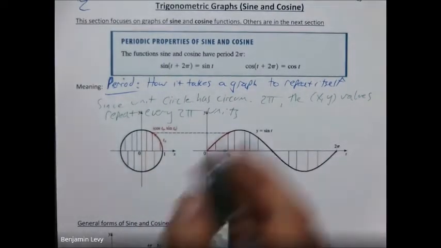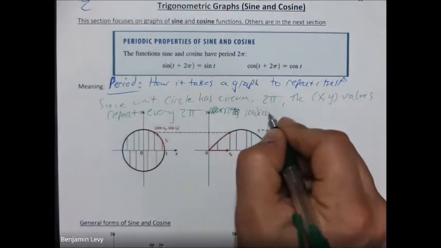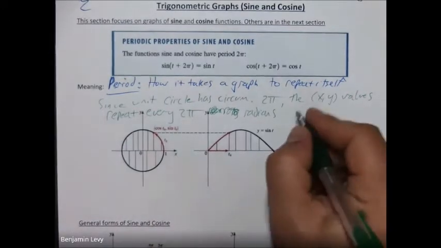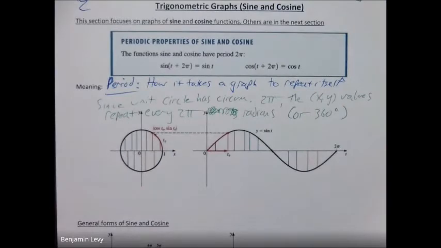And let me be more specific. It's not units, it's 2 pi radians. Right, 2 pi radians all the way around, or we know that as 360 degrees if we want to talk about it in degrees.